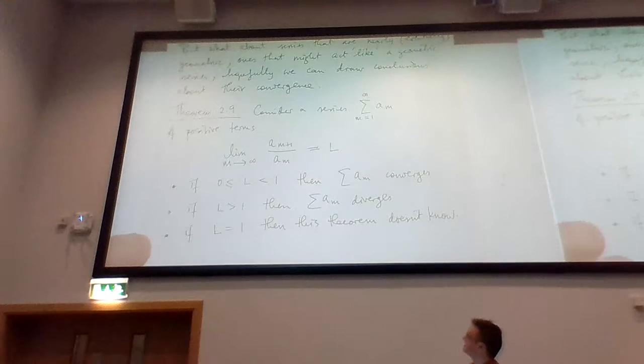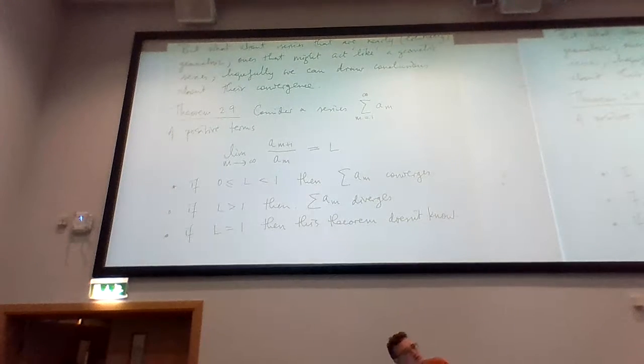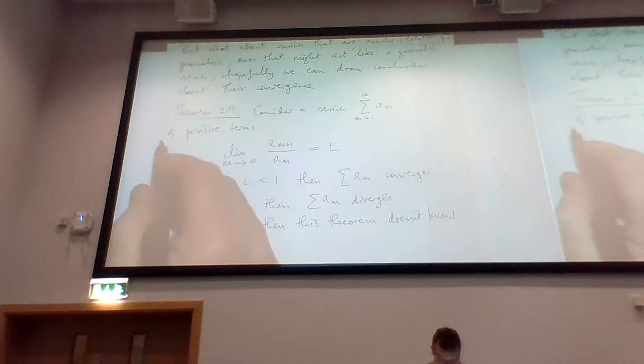The limit comes out as exactly 1, we won't be able to draw any conclusion. It might be a convergent series, it might be divergent. We may never know, or we may have to use one of the other tests to decide what it is. So this is what the ratio test is.